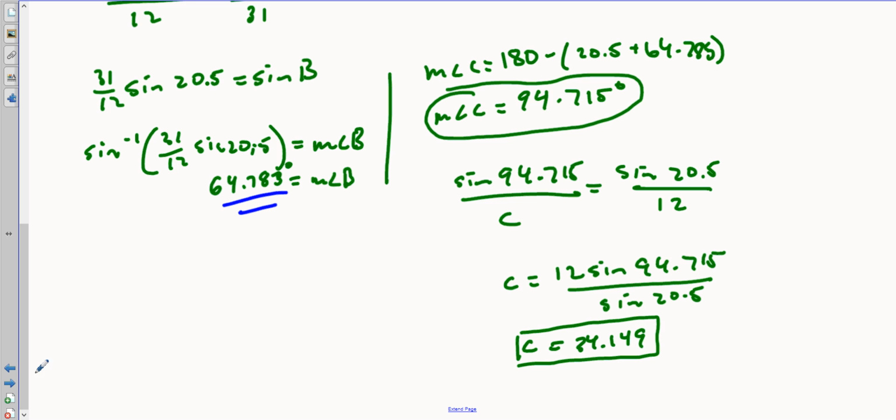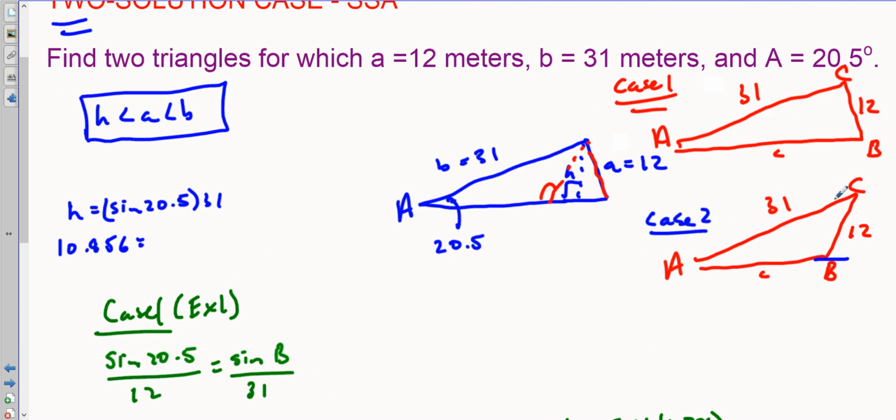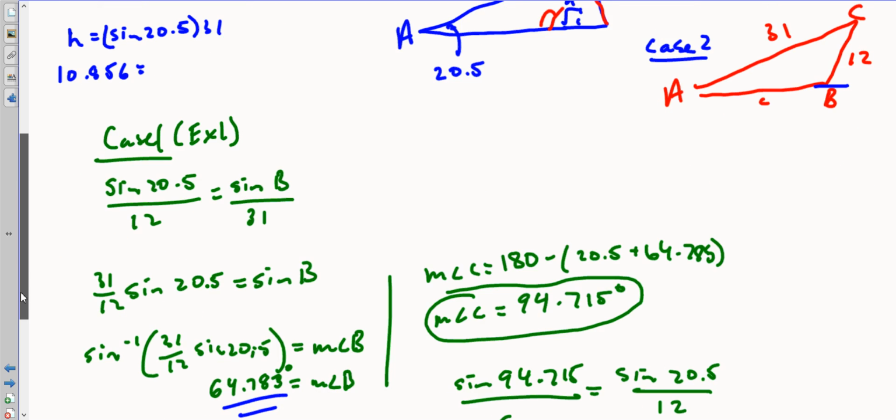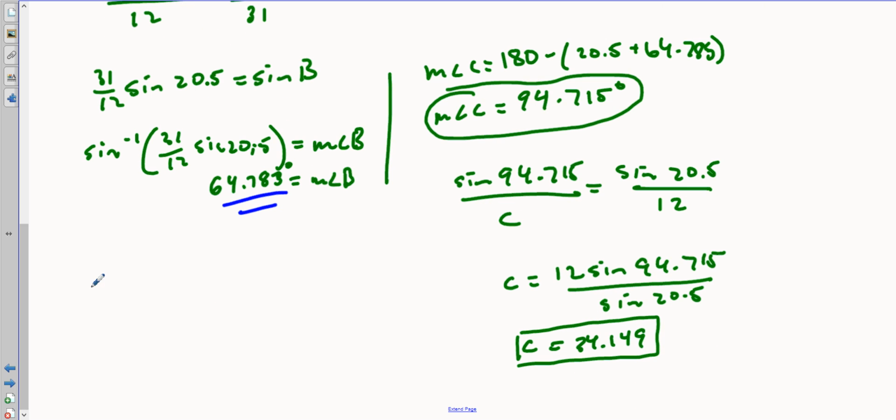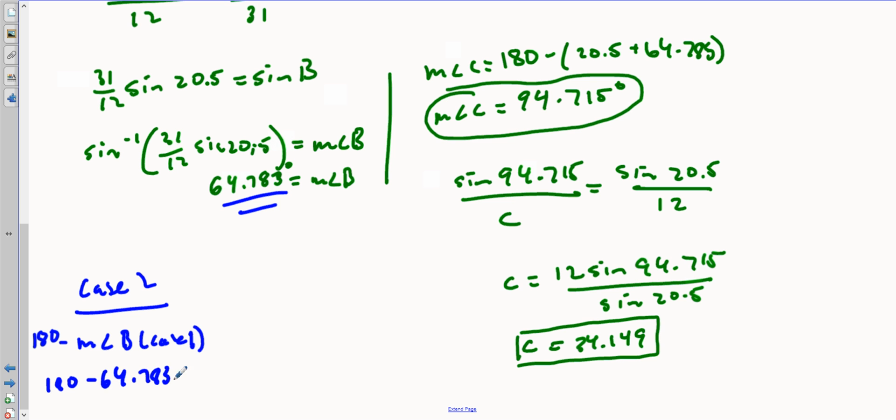To find this other angle, all we're going to do for case two is take the measure of angle B that we found up top from case one, and subtract that from 180 degrees. So 180 degrees minus 64.783 is going to give us our new measure of angle B for case two.